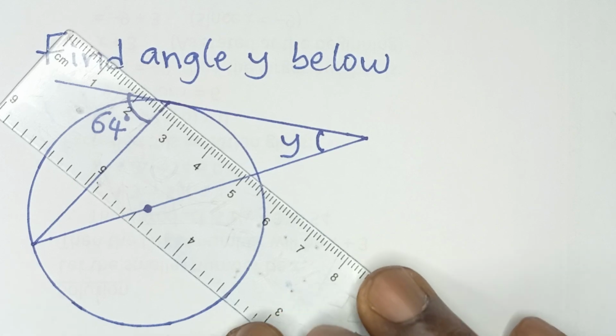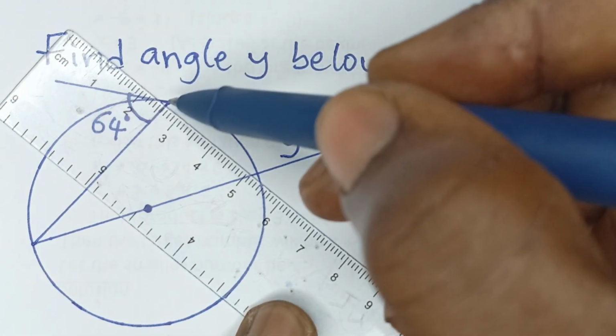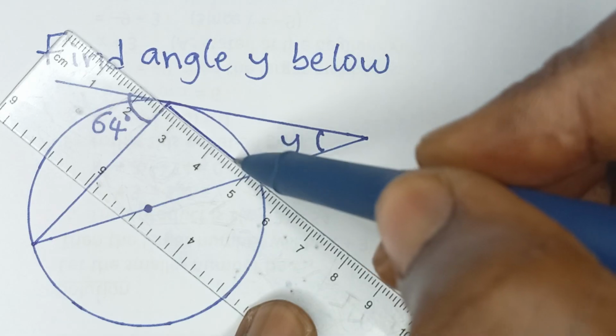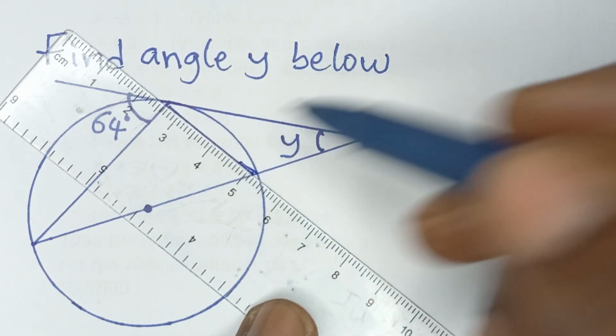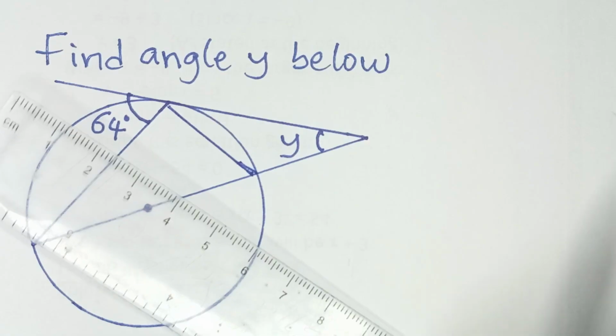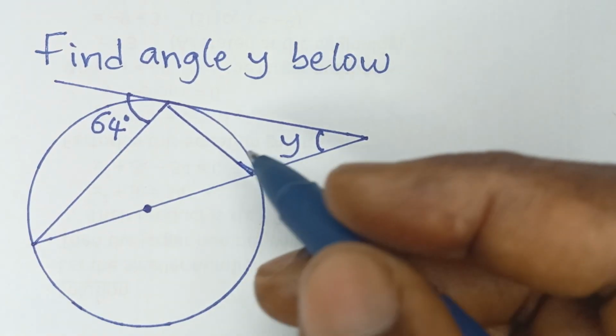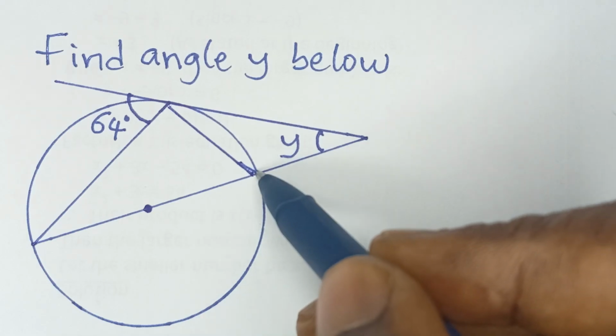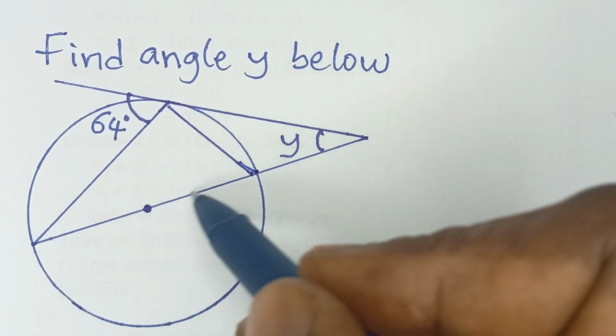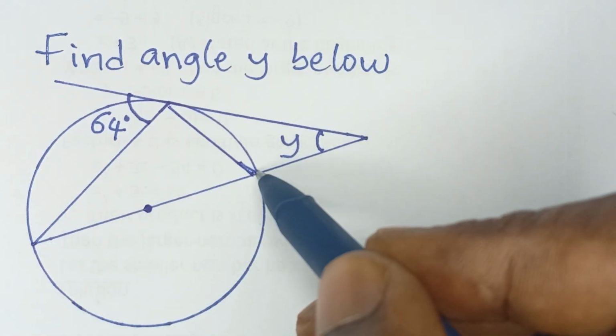So I can trace this line here and simply put this angle there like that. So now with this, we can look at this diameter of the circle. This is a diameter of the circle.